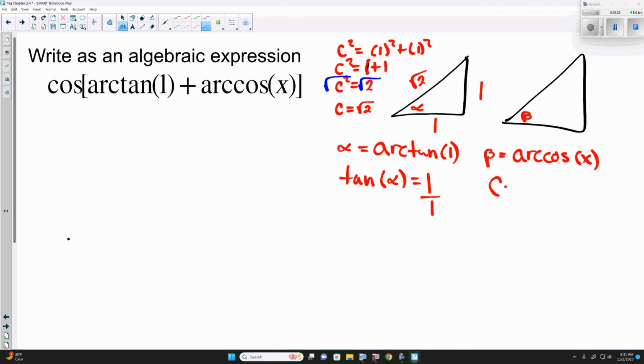Here, we're saying cosine of beta is equal to x. And again, as we just said, the denominator is 1. So for cosine of beta, we're saying the adjacent side is x. The hypotenuse is 1.